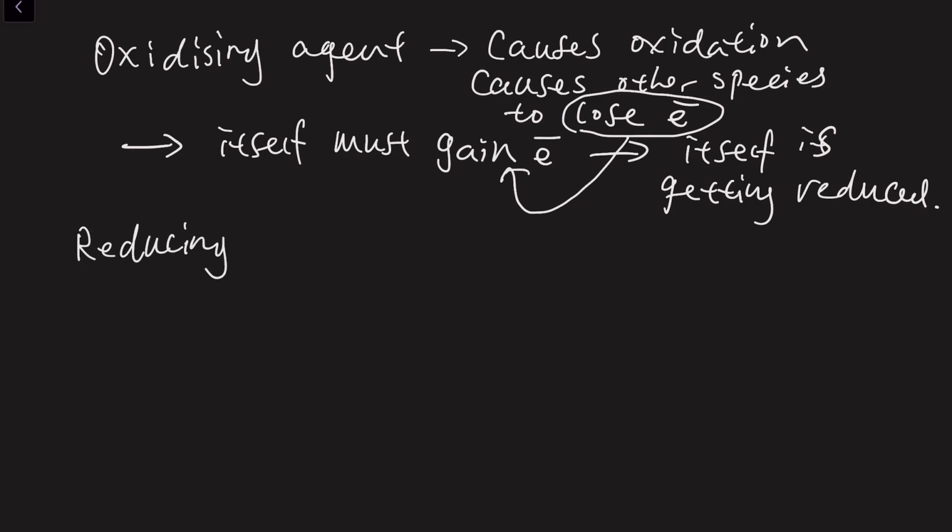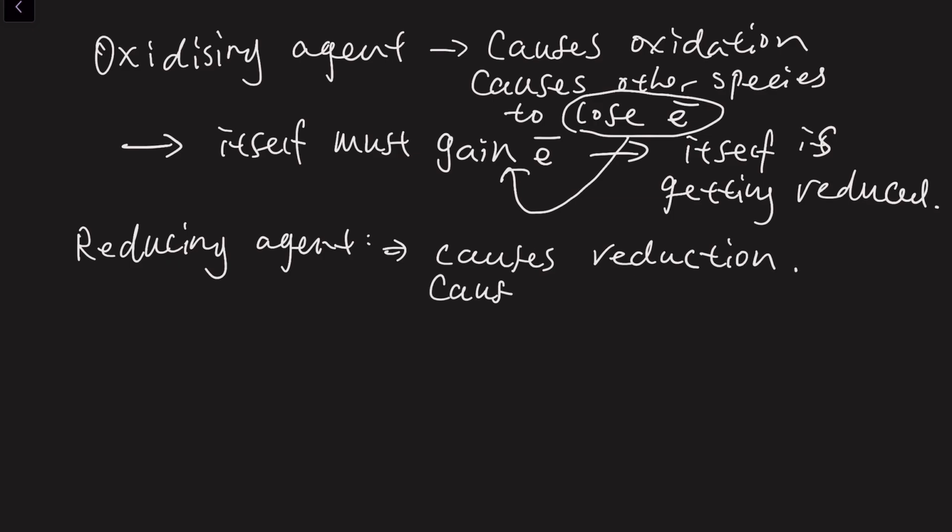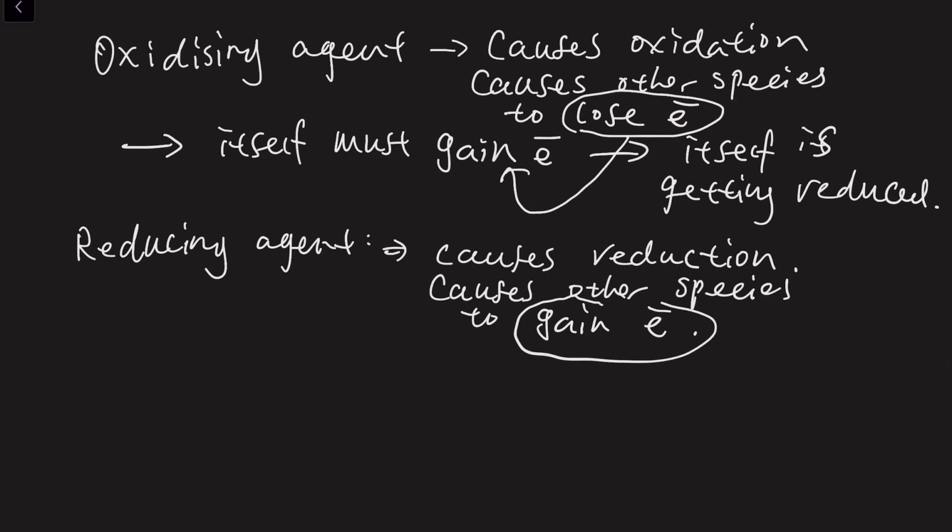Reducing agent. It causes reduction. So it causes other species to gain electrons. And where does this gaining of electrons come from? It comes from itself. So itself must lose electrons.